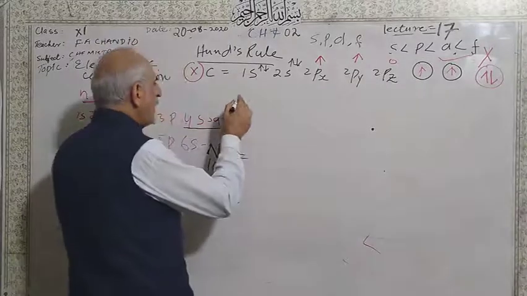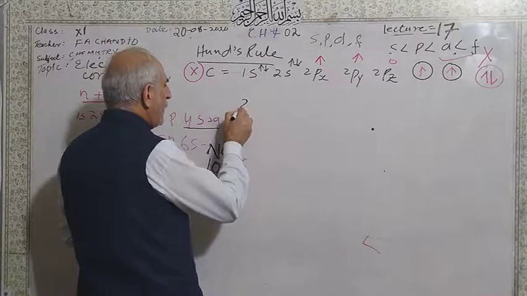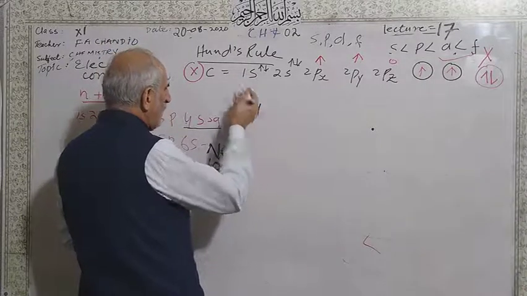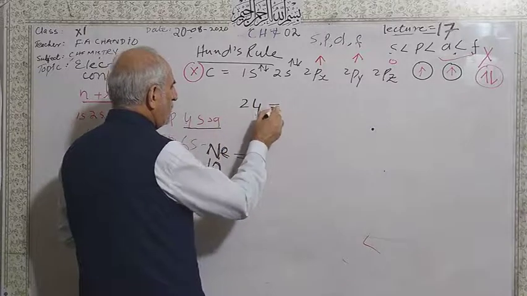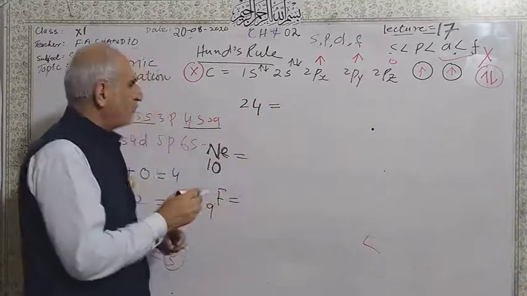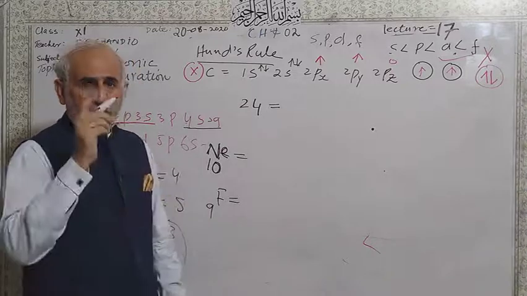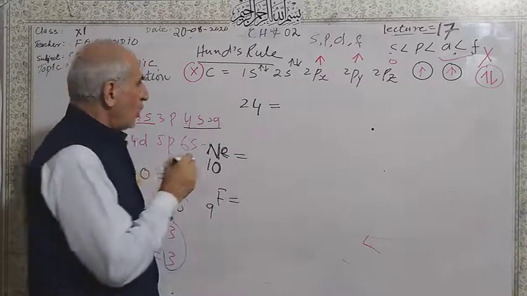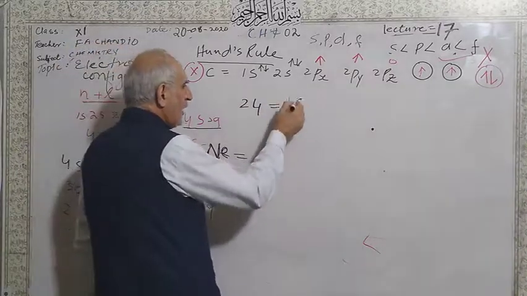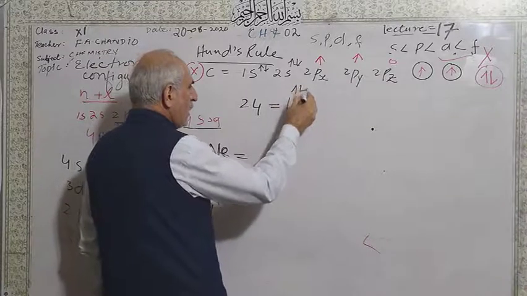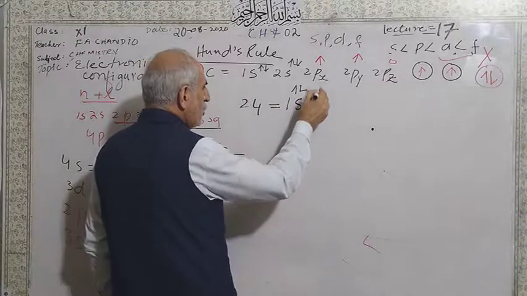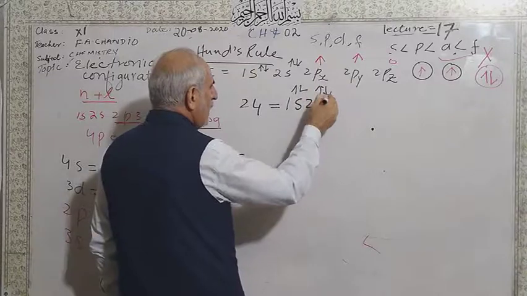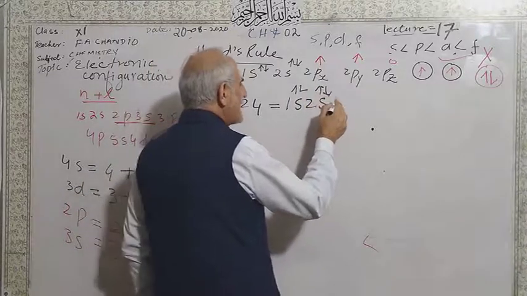Suppose, students, we have atomic number 24. I think maybe it is chromium. Yes, maybe chromium, atomic number 24. So when you fill 1s2, okay, 2s2, this is also okay, 2p6.